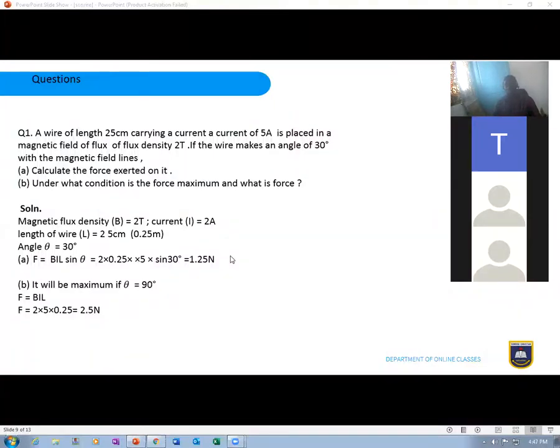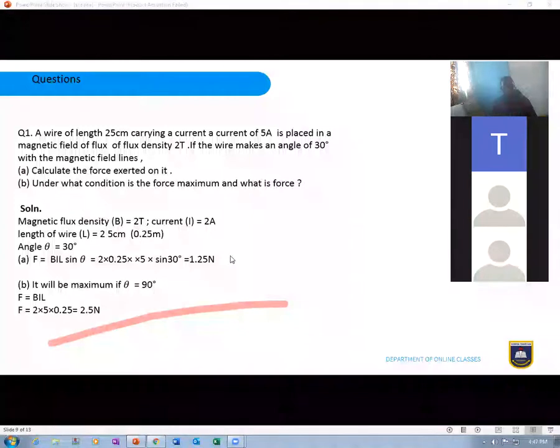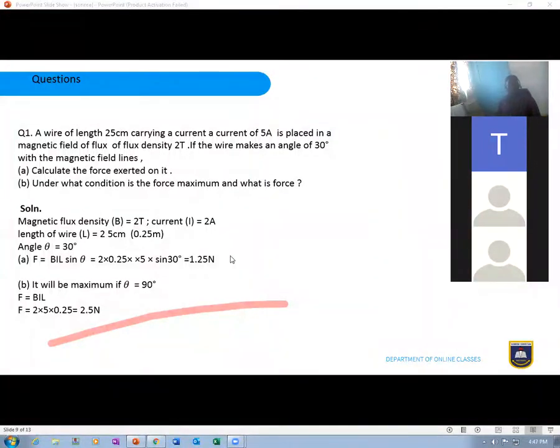So you have your force to be BIL. Your force will be equal to BIL. Sine 90 is already 1. So F equals BIL.